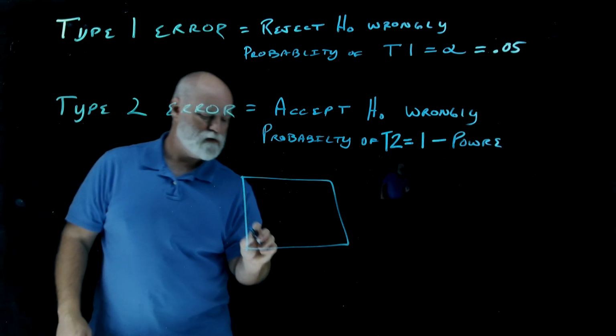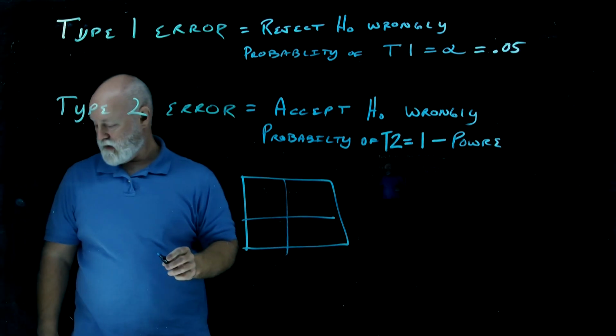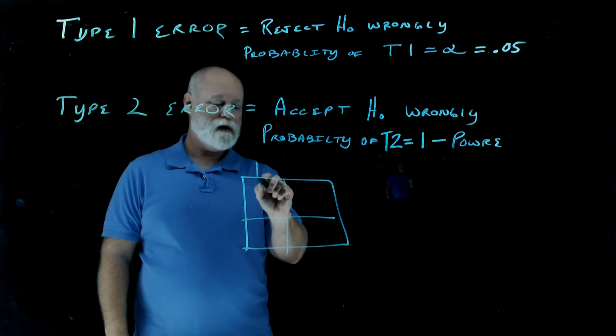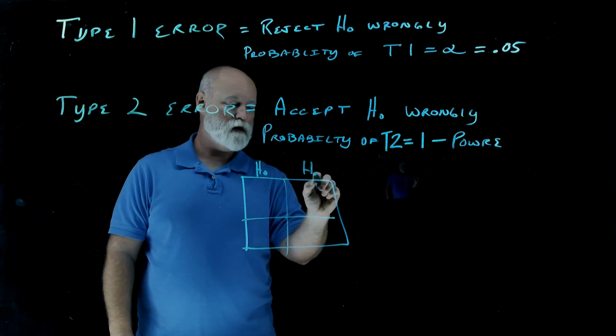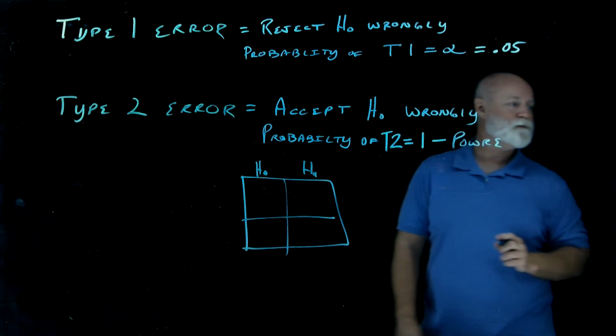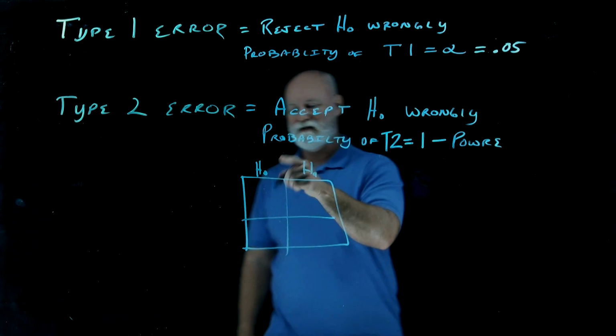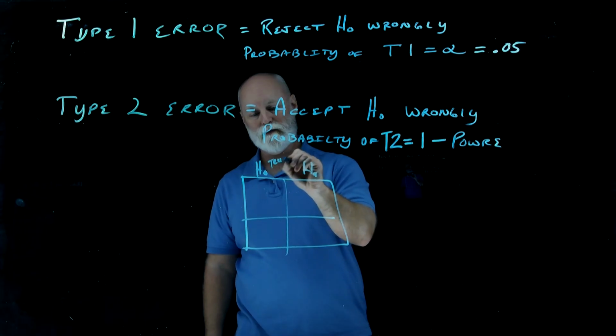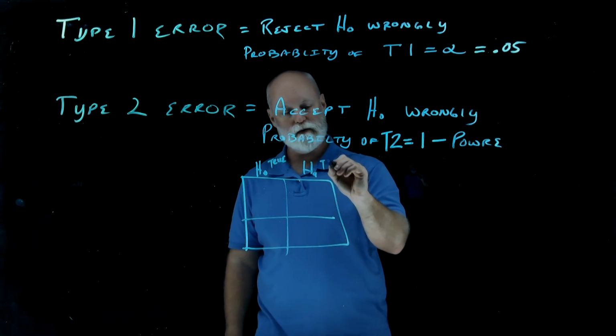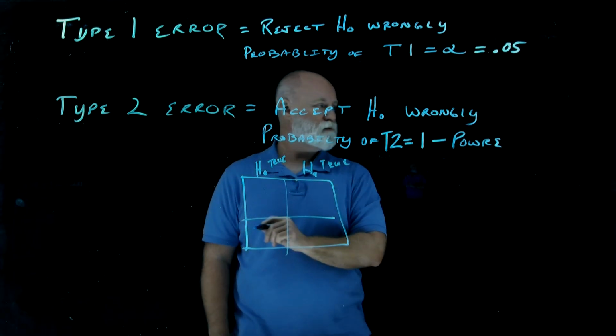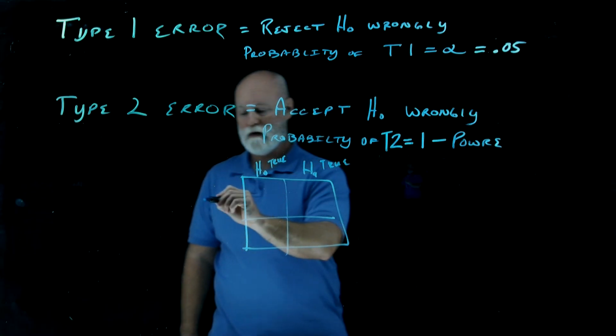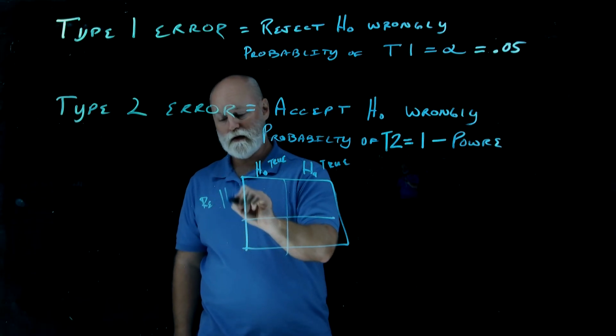There's this little table, and the idea here is that we would have H naught, HA, right? And this is saying that they're true, right? H naught is true. HA is true, right? And over here, we say we reject H naught.